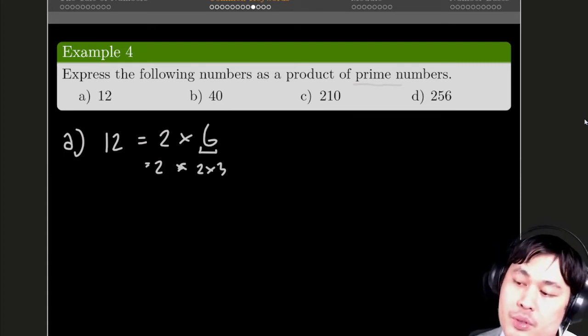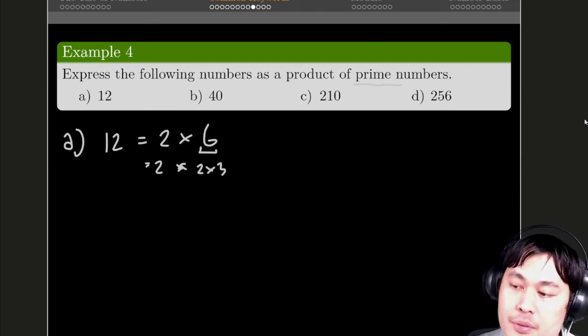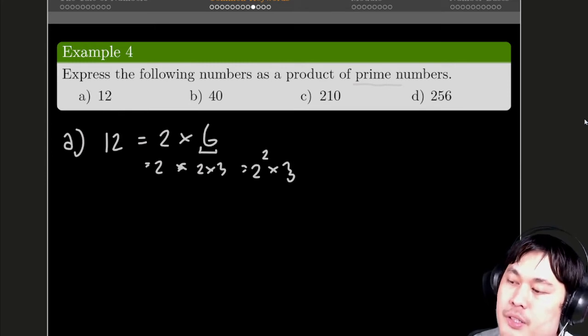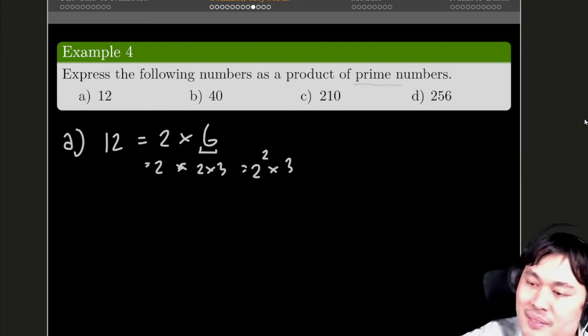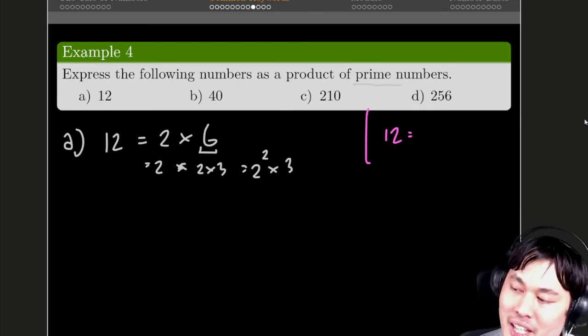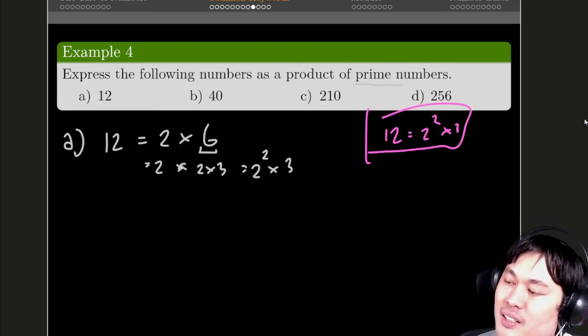So it becomes 2 times 3. Now we have 2 times 2 times 3, and then you can write it as 2 squared times 3. That's how you do it, one step at a time, by hand. But of course, if you use an app or something, it will give you the answer immediately.